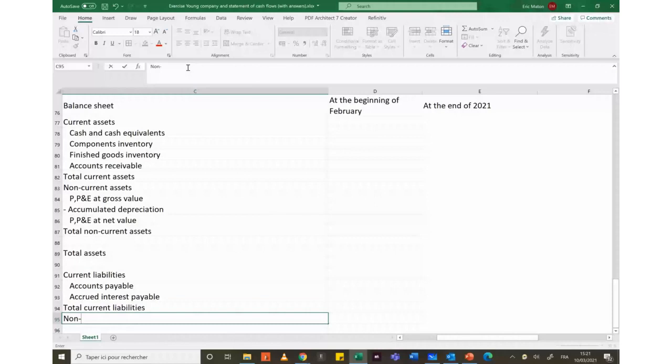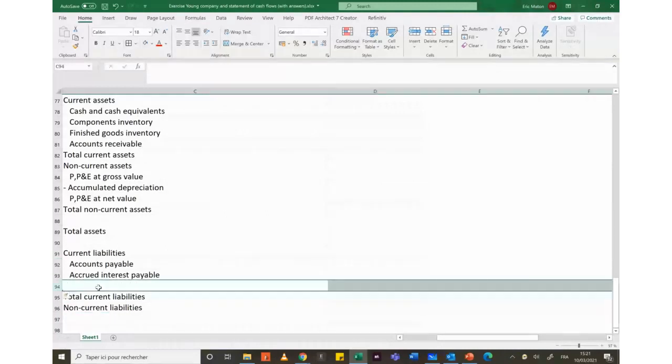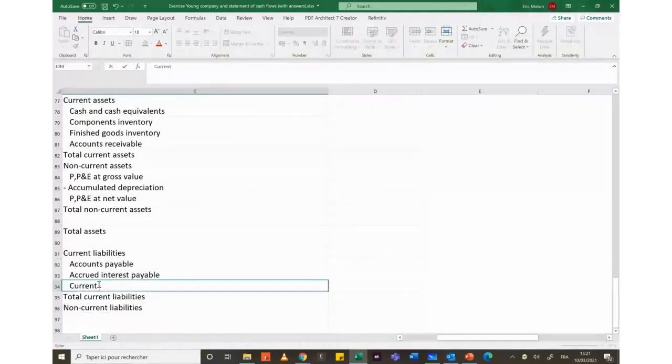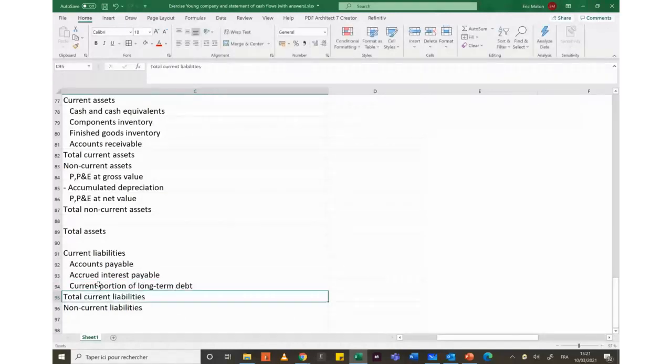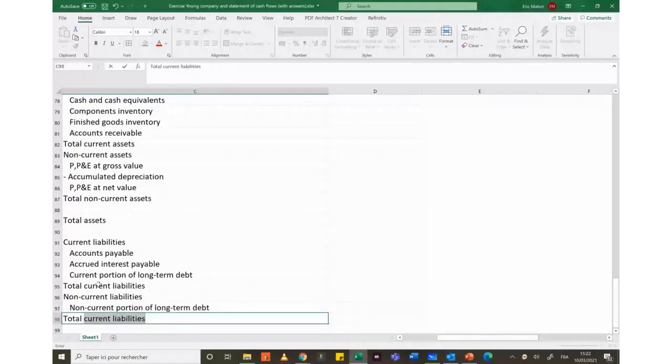I forgot the current portion of long-term debt. In the non-current liabilities, I have the non-current portion of long-term debt. That's it. So now we have the total non-current liabilities.